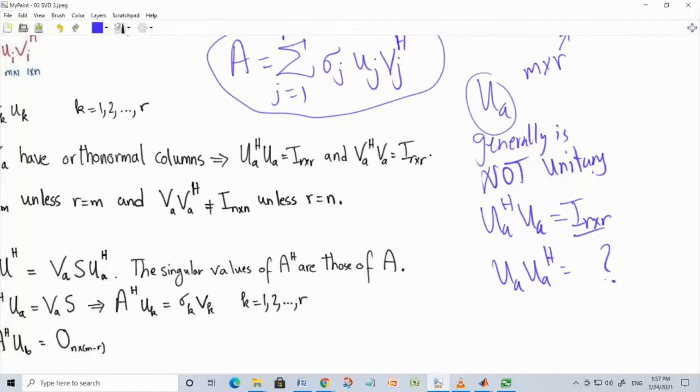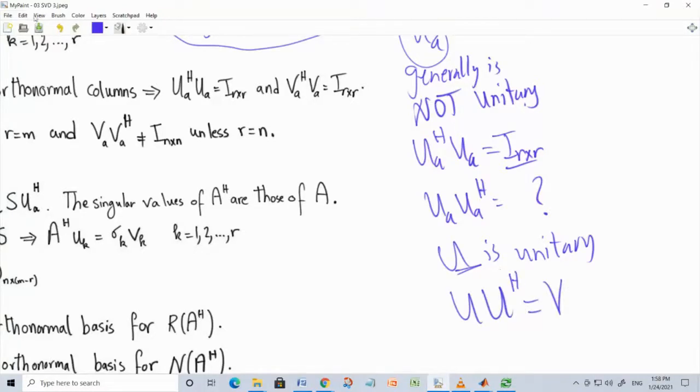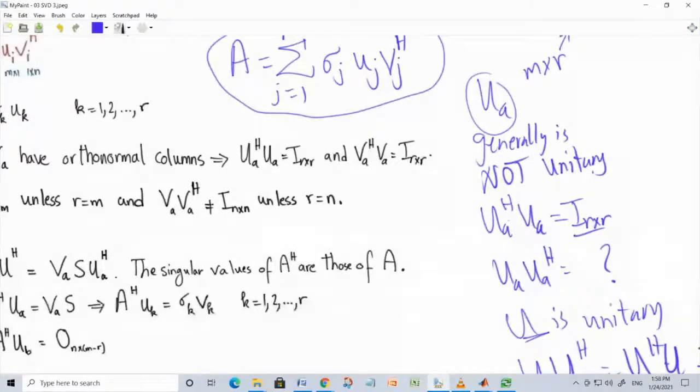A unitary matrix by definition is square. So U itself is unitary, and the same applies to V. U U Hermitian is equal to U Hermitian U, and this is equal to I, M by M. So don't forget that if you have U_A Hermitian U_A, you are computing the inner products of the columns of U_A, and then you get identity, but U_A U_A Hermitian is not.